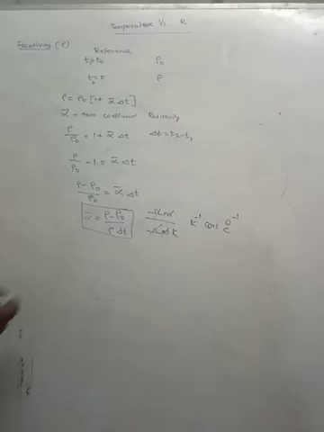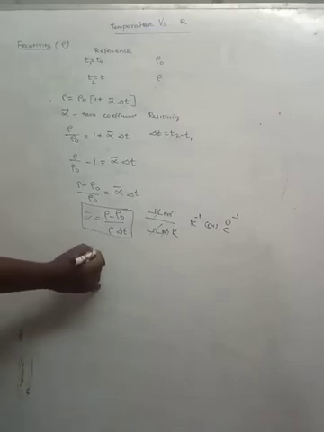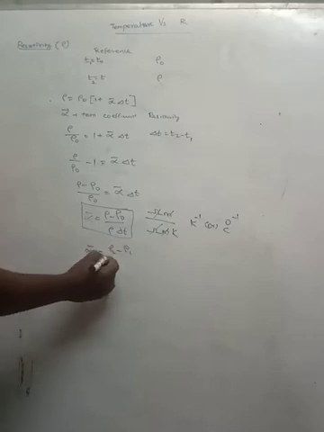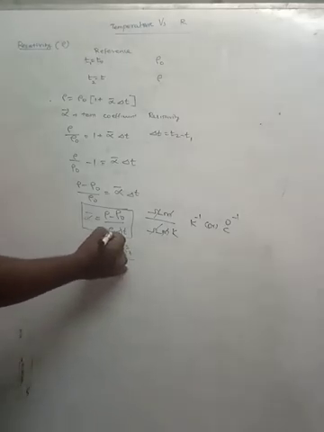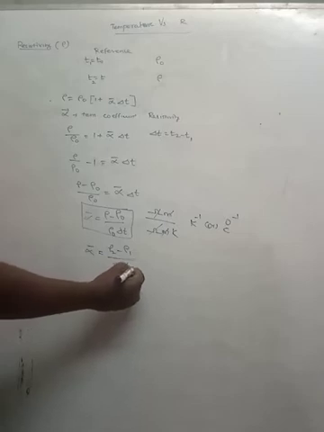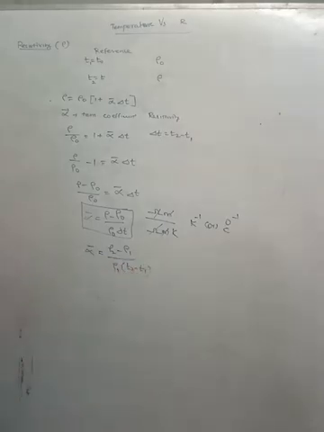So simply for our convenience, I can write alpha bar is equal to rho 2 final minus rho 1 initial divided by rho 1 into T2 minus T1. So this is the formula to find the temperature coefficient of resistivity. So the resistivity is affected by the temperature.